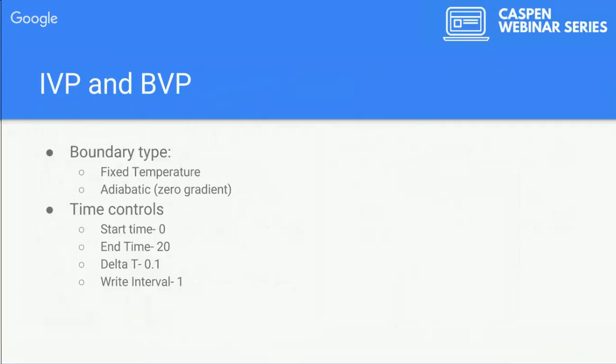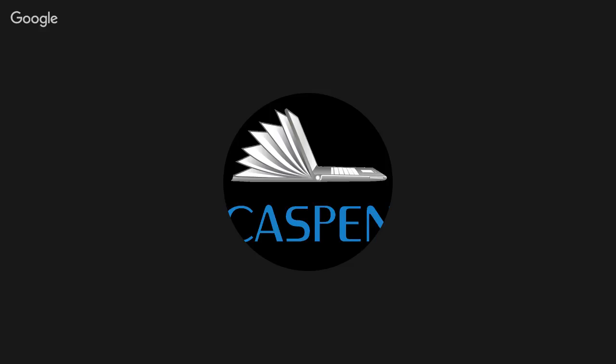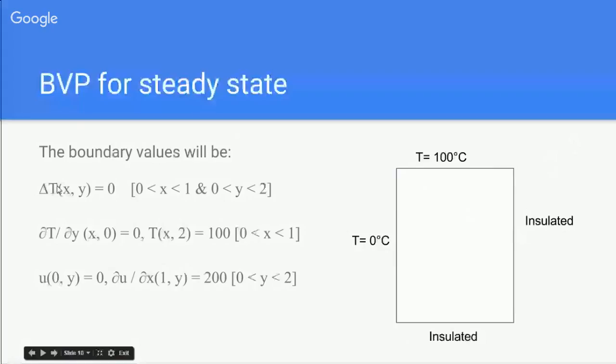Boundary conditions. There's 4 walls. The gradient of T in x and y will be 0.